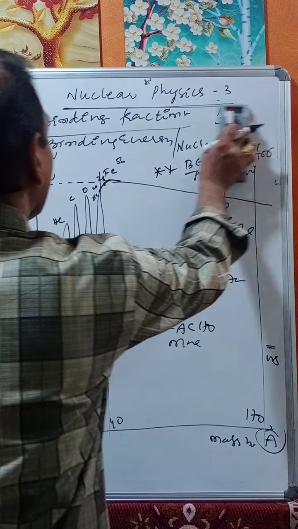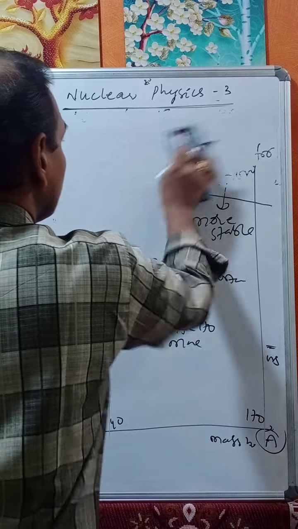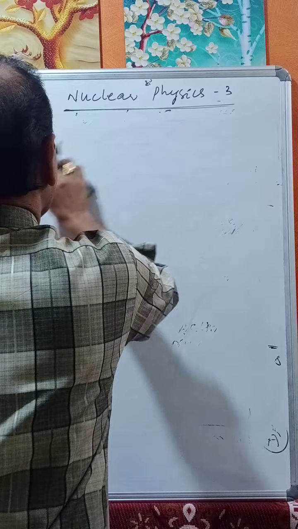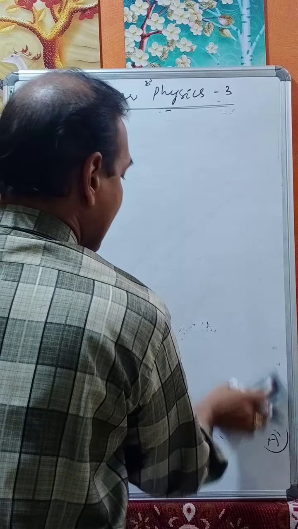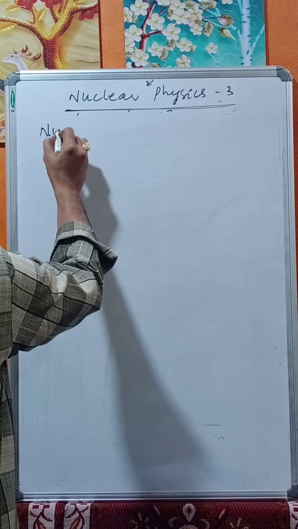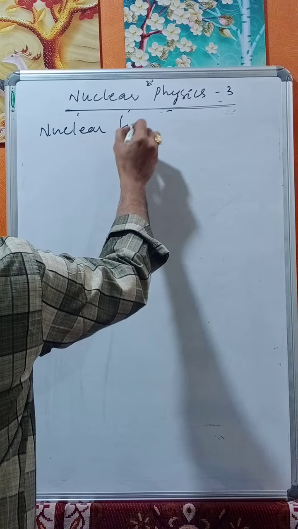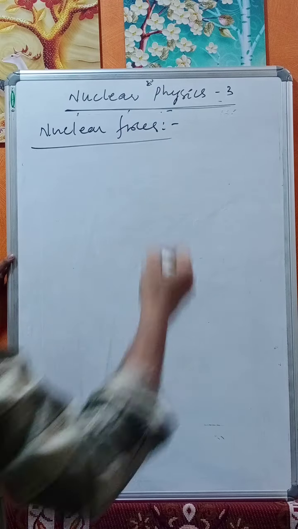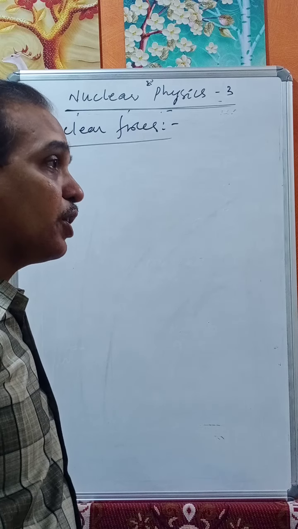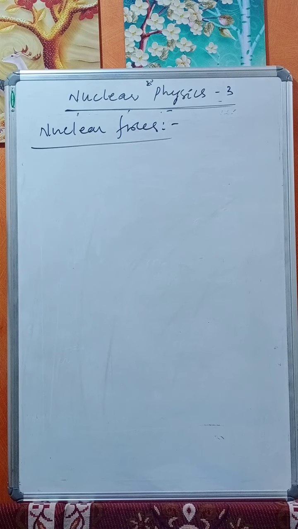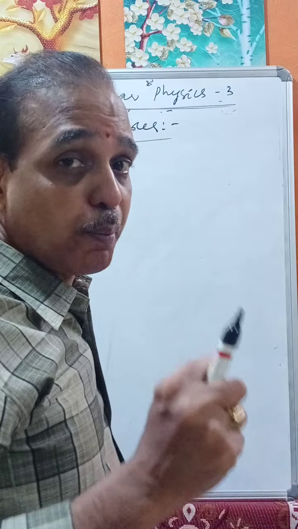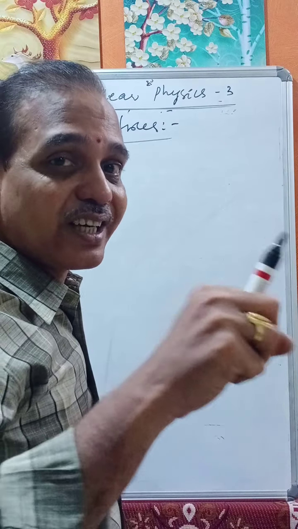Now what are nuclear forces? This is also an important one. The forces between the nucleons are called nuclear forces, or it is the force of attraction which binds the nucleons inside the nucleus.